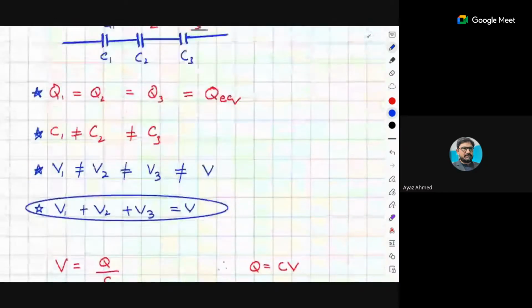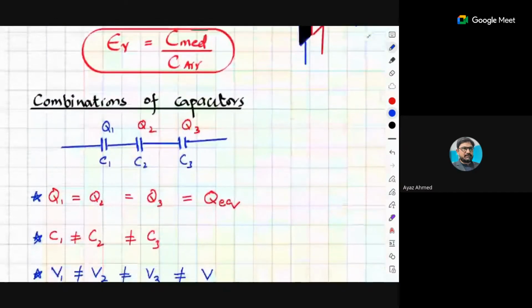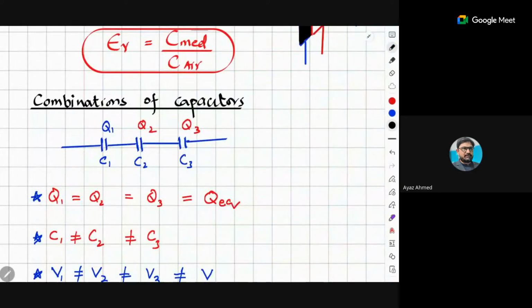So, combinations of capacitors: one is the series one and the second one is your parallel one. Is it clear to everyone?